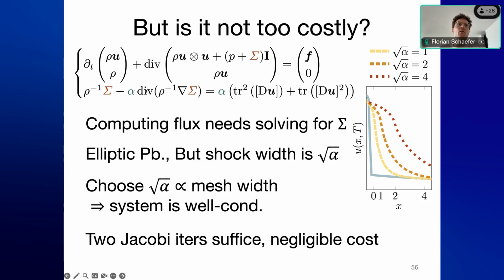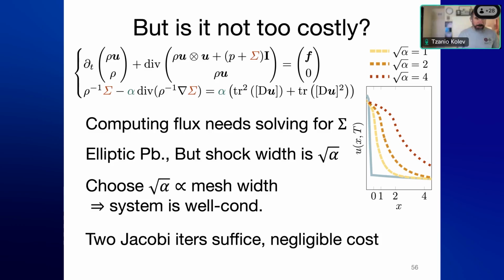Now when you look at this problem, you have divergence and grad, so you divide by h squared because you have two derivatives here. But then you multiply with alpha, which is of the order h squared. And so the system as a whole is uniformly well conditioned as you refine your mesh. Yeah, I see. Thanks.